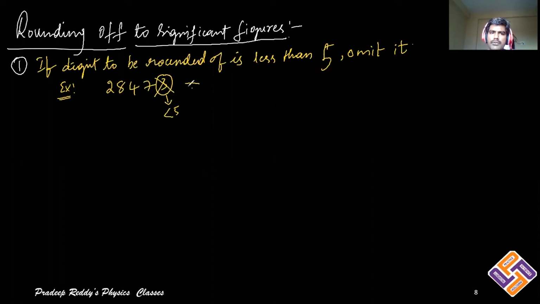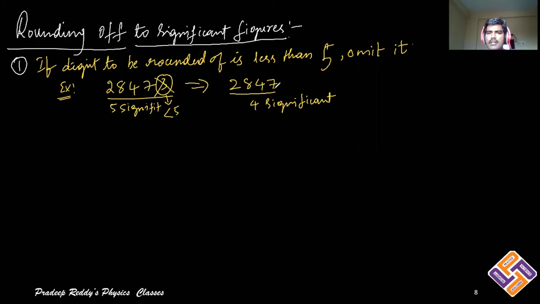You can round this off to 4 significant figures as 2, 8, 4, 7. 4 significant digits are there. Previously, how many? 5 significant digits are there. 5 significant digits are rounded off to 4 significant digits. Okay. Now the next example.